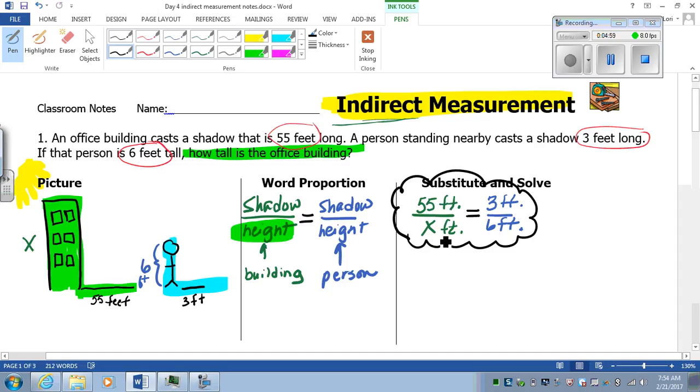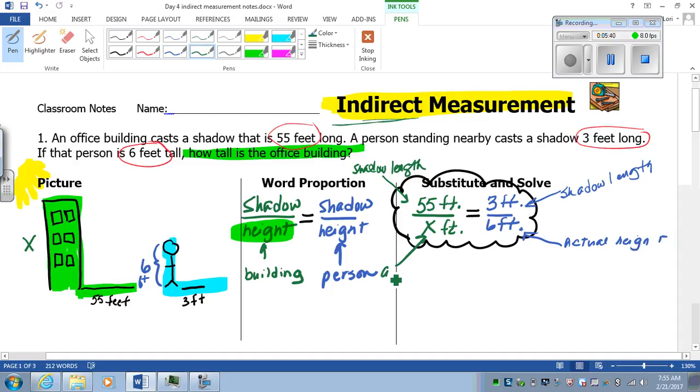Let's make sure that we understand how to set up the proportion correctly. If we look at the numerators in both ratios, they are both referring to shadow length. Now let's look at the denominators of the ratios. They are both referring to actual height. So the 6 feet is the actual height of the person that's standing nearby the building.